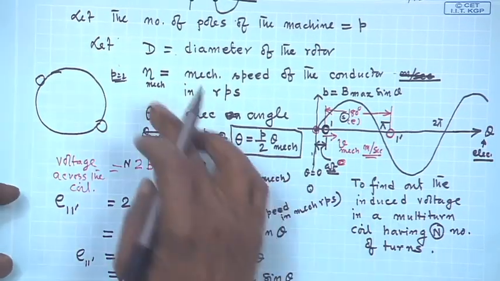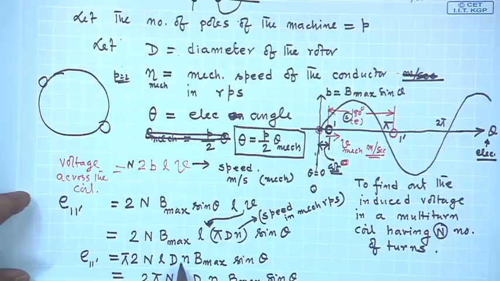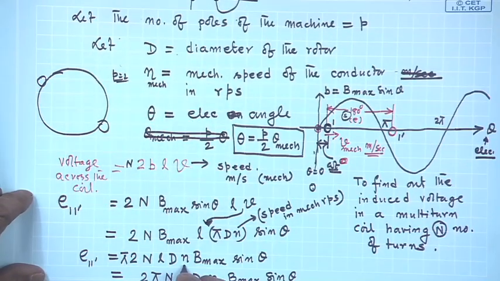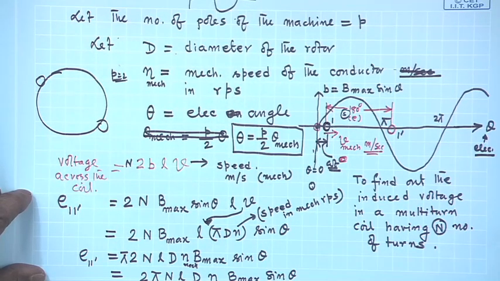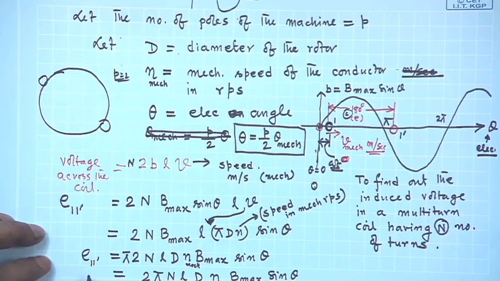So, this will be the speed. This is theta, n mechanical here, since I have written n mechanical there. Okay, I leave this expression at this stage in this way.